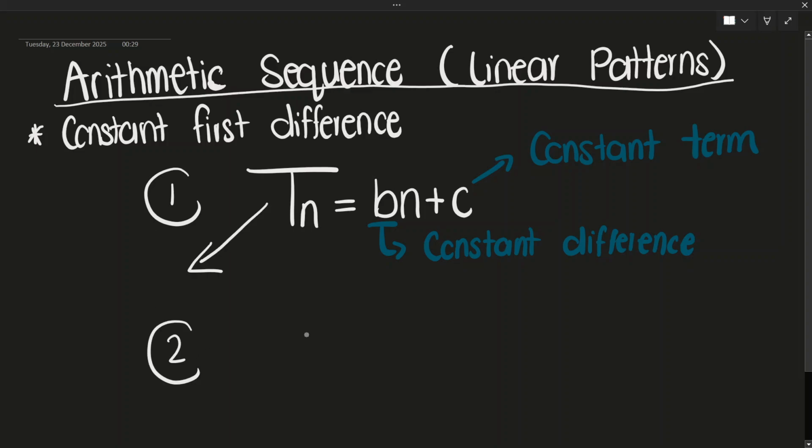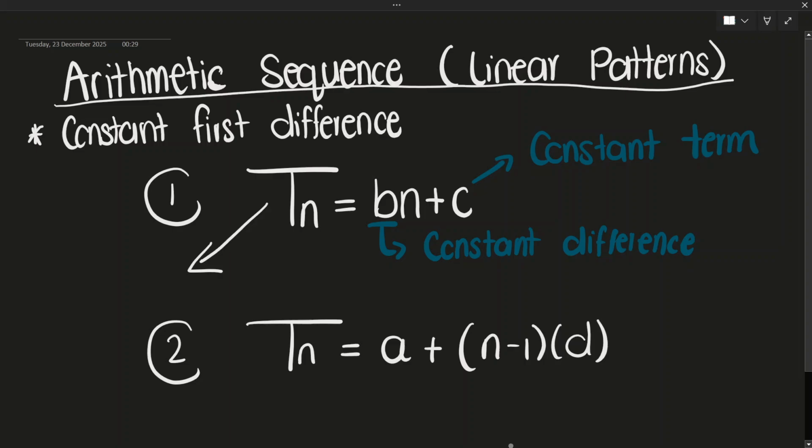But now there's also a second way where we have Tn is equal to a plus n minus 1 d, where a is the first term and d is the constant difference.